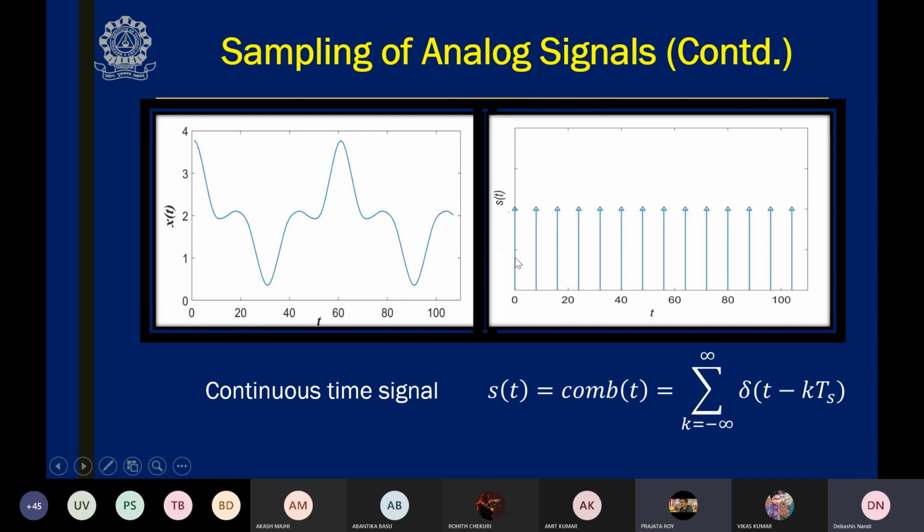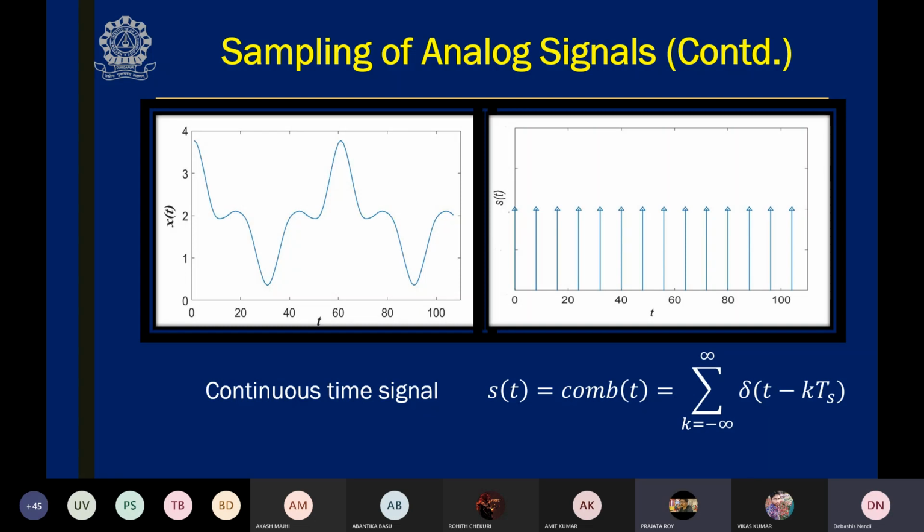So this is Ts, the distance between this and this, and between this and this. This Ts is called the sampling period, and the reciprocal of Ts is called Fs, the sampling frequency. 1 by Ts is equal to Fs. So the sampling frequency is Fs and the sampling period is Ts.